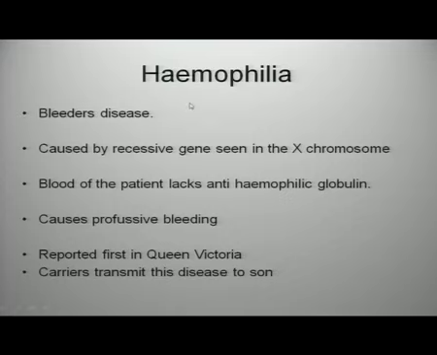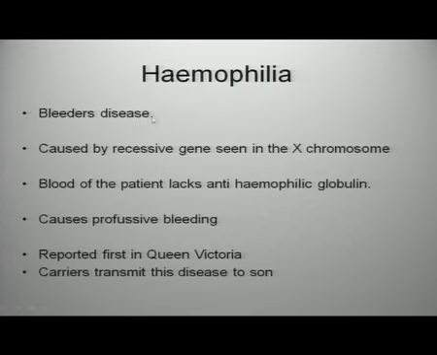Now comes an important topic, that is sex linked inheritance. A typical example we have to study here is haemophilia. There are so many other examples also. Color blindness is yet another example of sex linked inheritance. We have to learn hemophilia in this chapter.